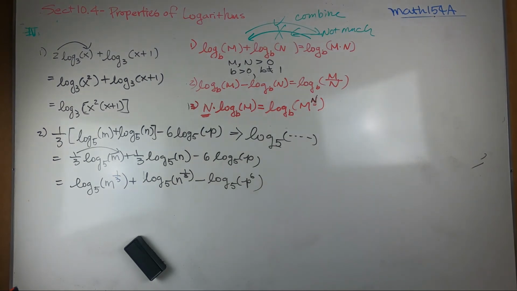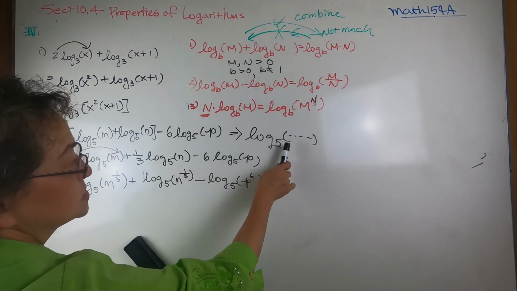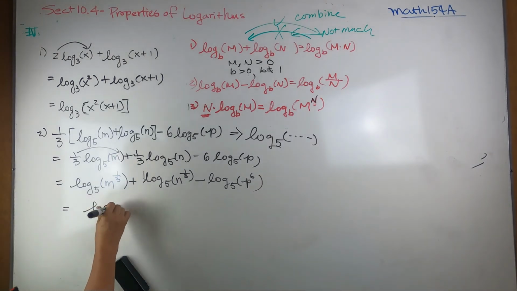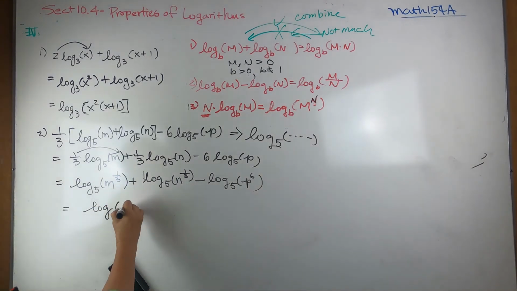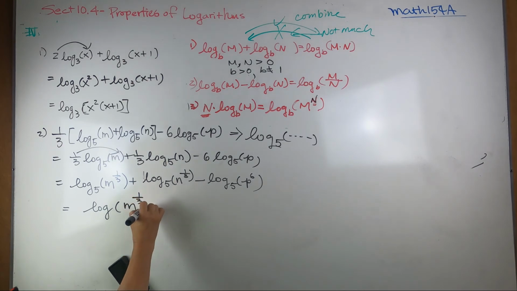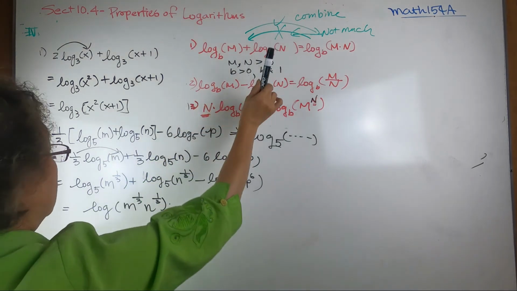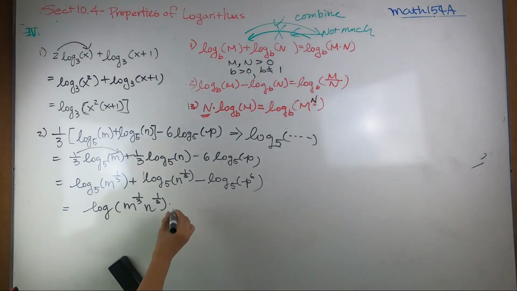Right? But we still want to write it as a single log. So what should we have? Log, inside is multiplying. So let me see, 1/3 and 1/3, right? Then when you add, you multiply inside.